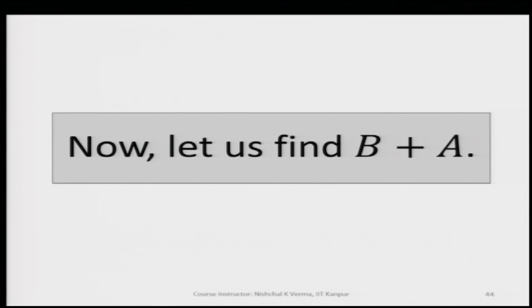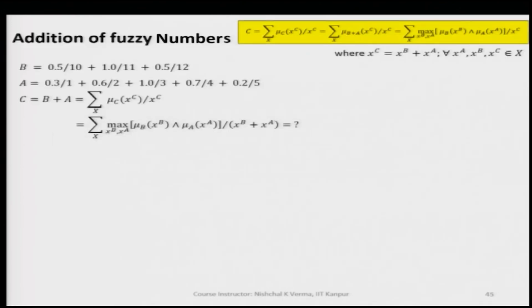On the same lines, now we can compute the addition of fuzzy number B and A. Here we are just changing the order, taking B first and then A. So, let us see what we are getting.